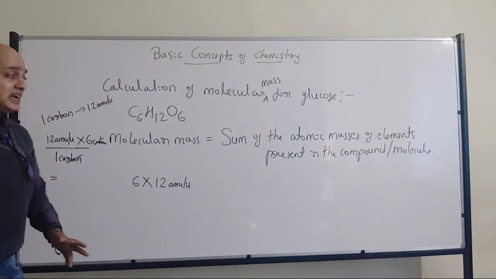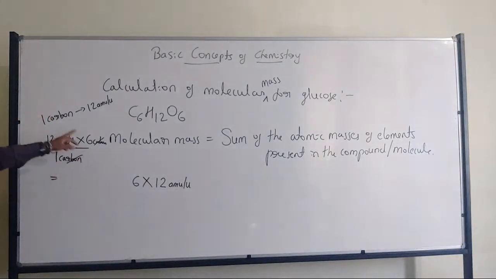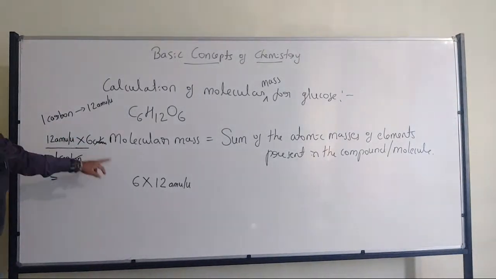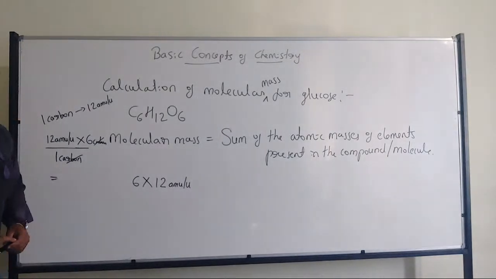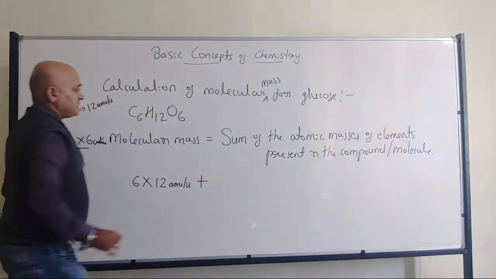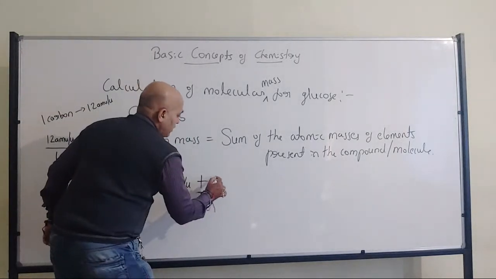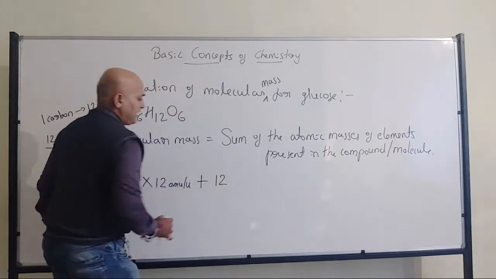If you are not understanding, let me know why we are calculating 6 into 12. That is because of this formula. For 1 carbon, it is 12 atomic mass unit. How much for 6 carbon? I want to identify for 6 carbon. Okay? Plus, because it is sum. It is the sum of the masses of the elements present in a given compound. Now, how many hydrogens are there? 12.